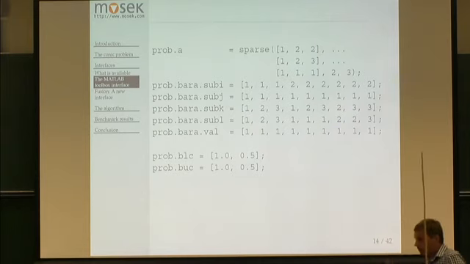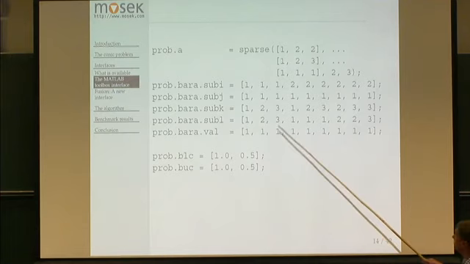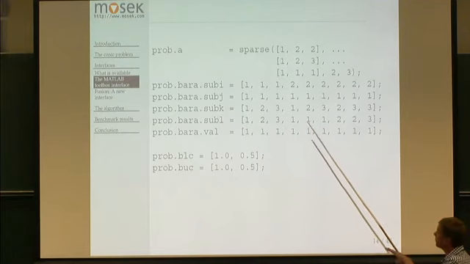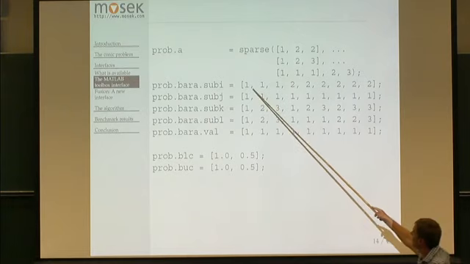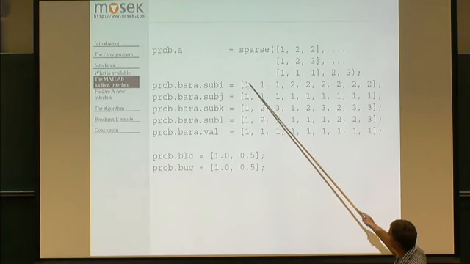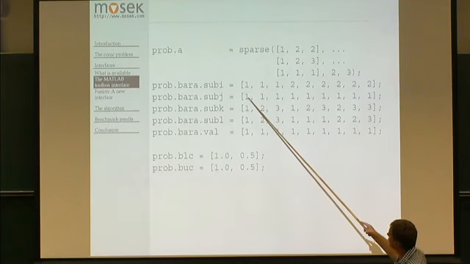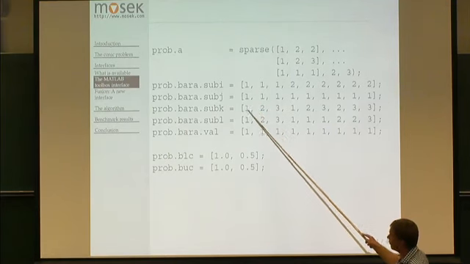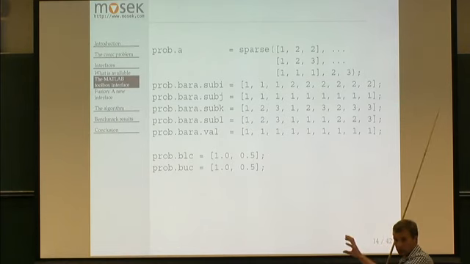In a similar fashion, you can specify the elements of the bar A matrix, but here we need 4 indices because this is a constraint, this is a semi-definite variable, and this is the index into the matrix element.